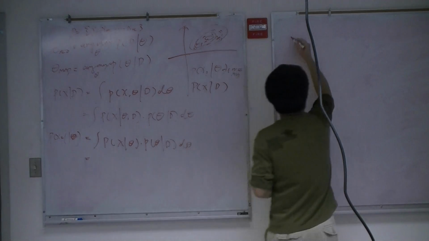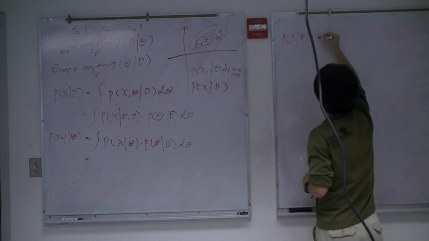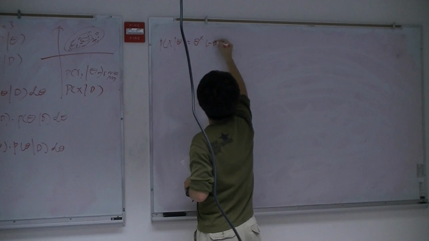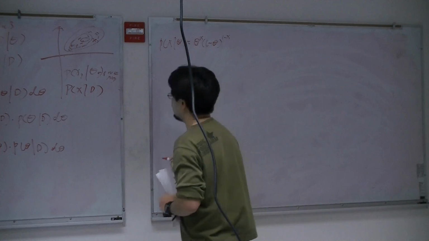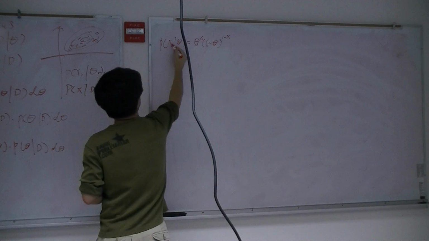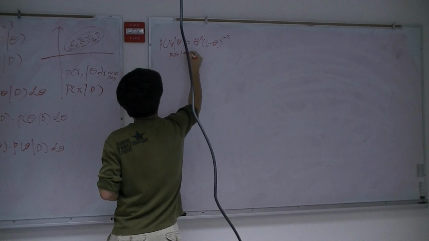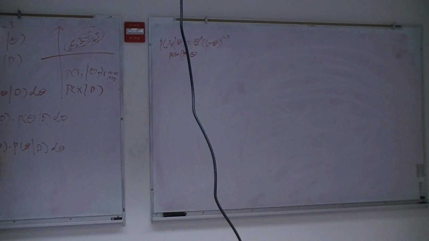The Bernoulli distribution is p(x given theta) equals theta to the x times (1 minus theta) to the (1 minus x). So if x is equal to 1, the probability is actually equal to theta. So this term can be simplified as theta, times the posterior, given this is the Bernoulli distribution.